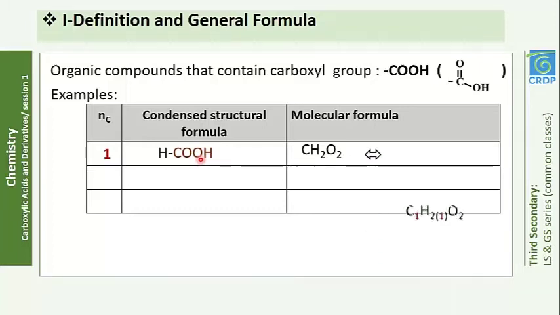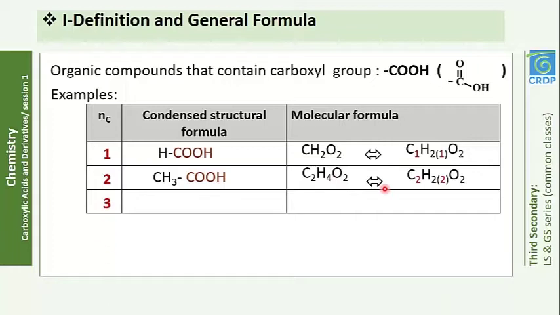Let us together write it in this way for the purpose of finding the general molecular formula. The second carboxylic acid is CH3COOH. Its molecular formula, give it to me please, C2H4O2, and of course you can write it in this way by yourself.